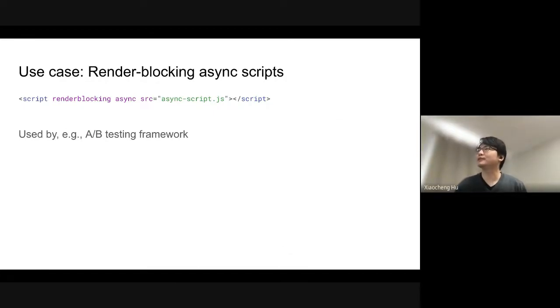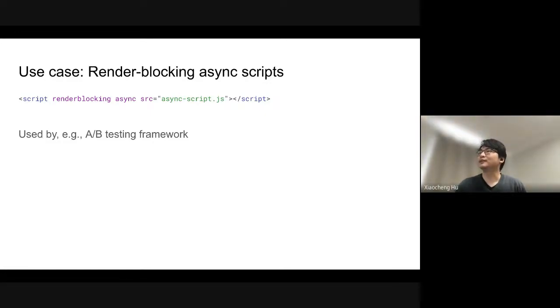The second use case is we can put render blocking on an async script. By default, async script doesn't block parser, but we don't really know when it's executed. It's executed once it's loaded.